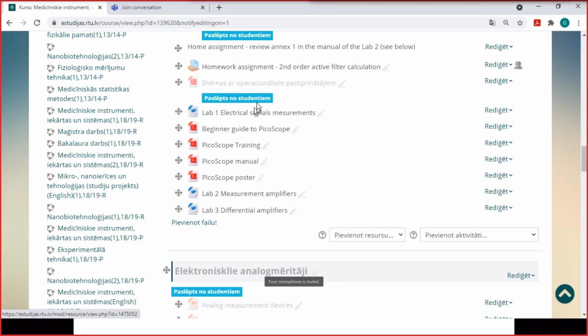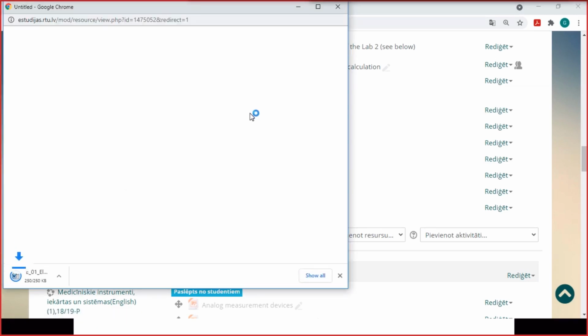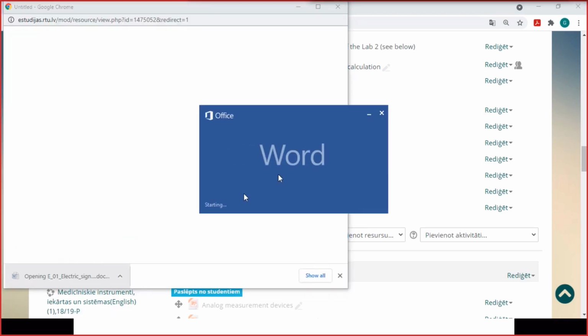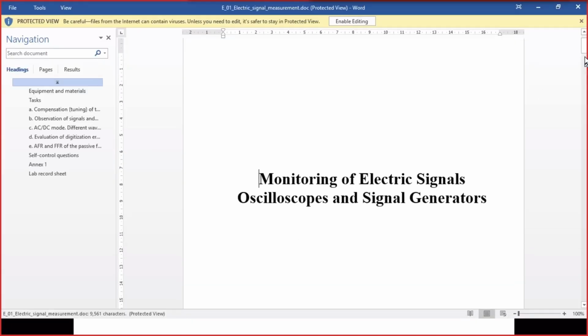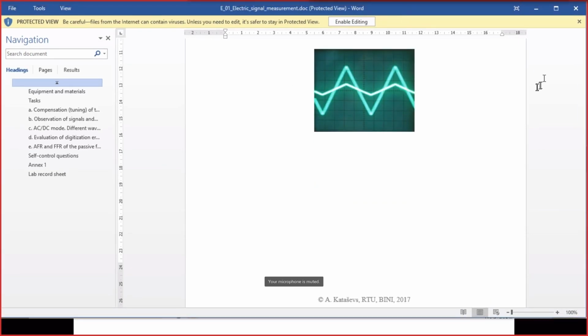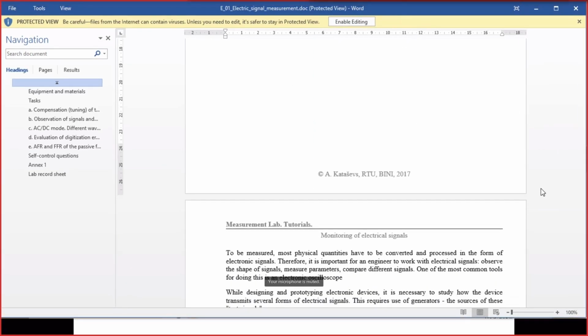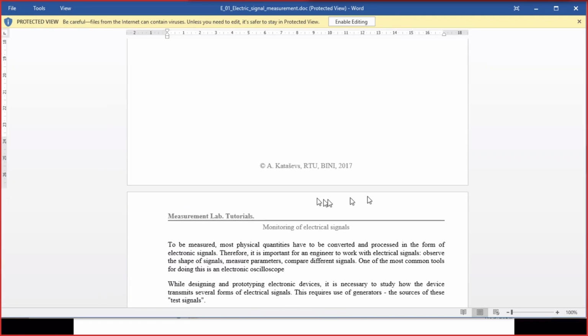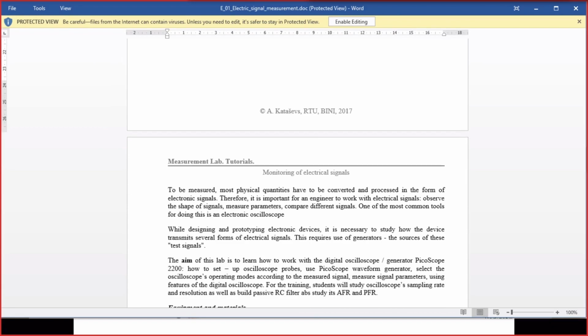So you are assigned for the holidays to read about the operation of oscilloscopes. I guess the description should be in lab number 1, let me check.